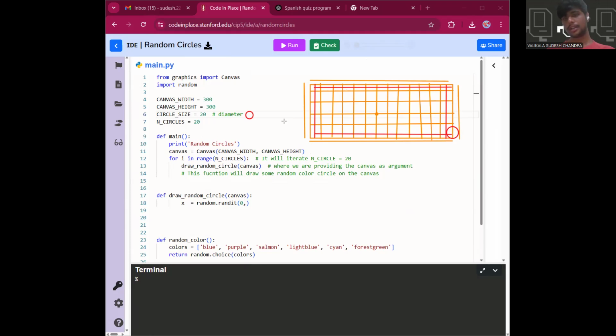This ensures that whenever we draw the circle, it will be perfectly inside the canvas.